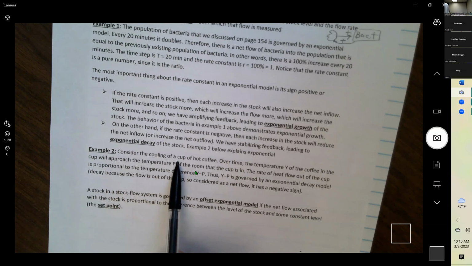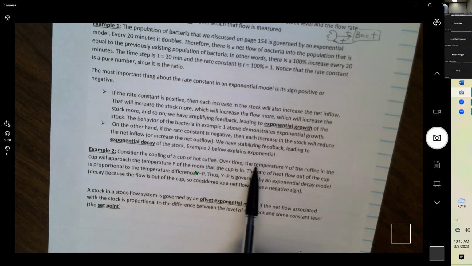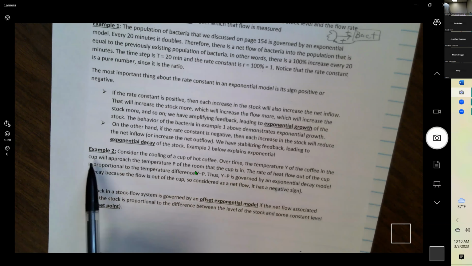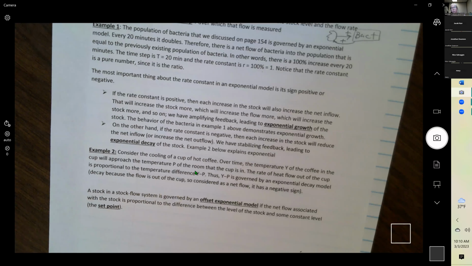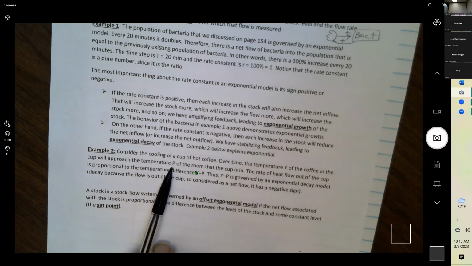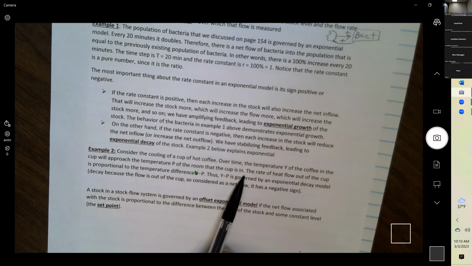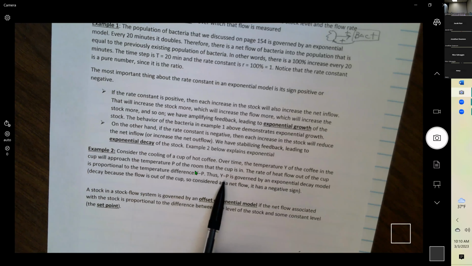Consider the cooling of a cup of coffee. Over time, the temperature Y of the coffee in the cup will approach the temperature of the outside room. Remember when we said if something's hot, it spreads to the cooler area. And so they're going to say the temperature of the room is P. The rate of heat flow out of the cup is proportional to the temperature difference. Thus, Y minus P is governed by an exponential decay.